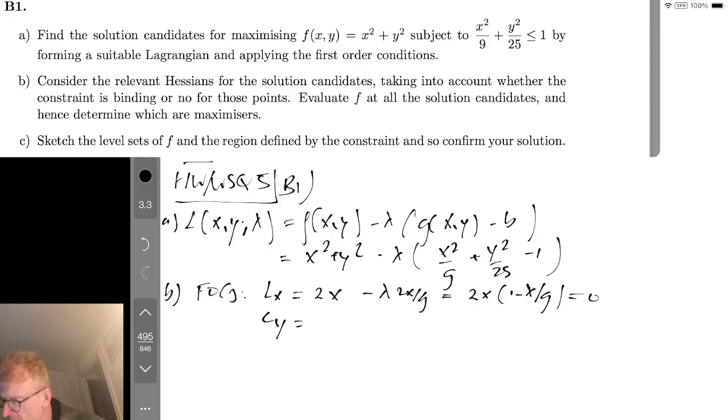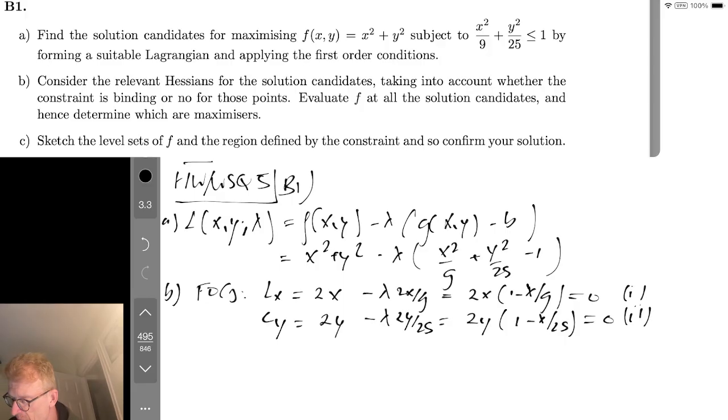The L_y is 2y minus lambda 2y over 25, so that's 2y times 1 minus lambda over 25 is 0. That's 1, that's 2. Number them.